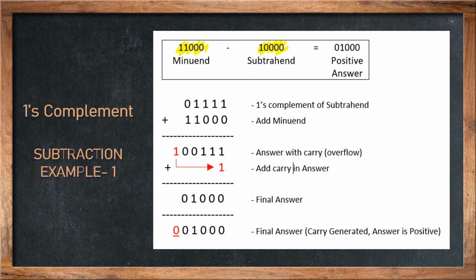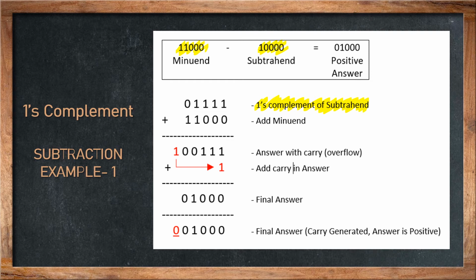The first rule says to find the ones complement of the subtrahend, right? What is the subtrahend? My subtrahend is 10000. In decimal, normally we subtract the subtrahend from the 9s number, right? But in the ones complement, we simply invert the bits to get the ones complement.